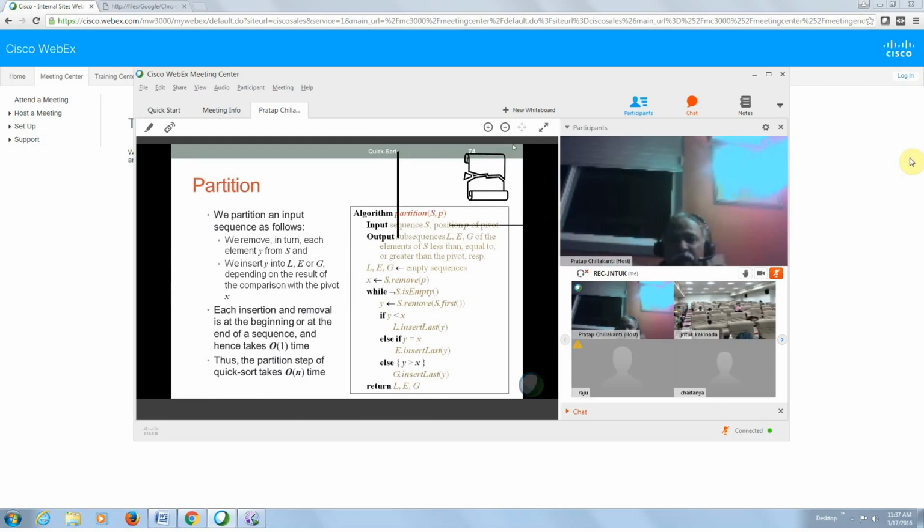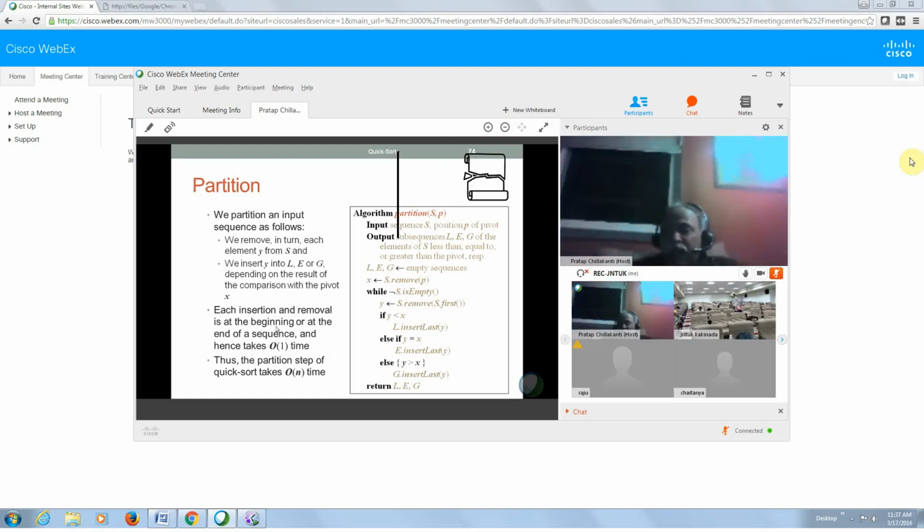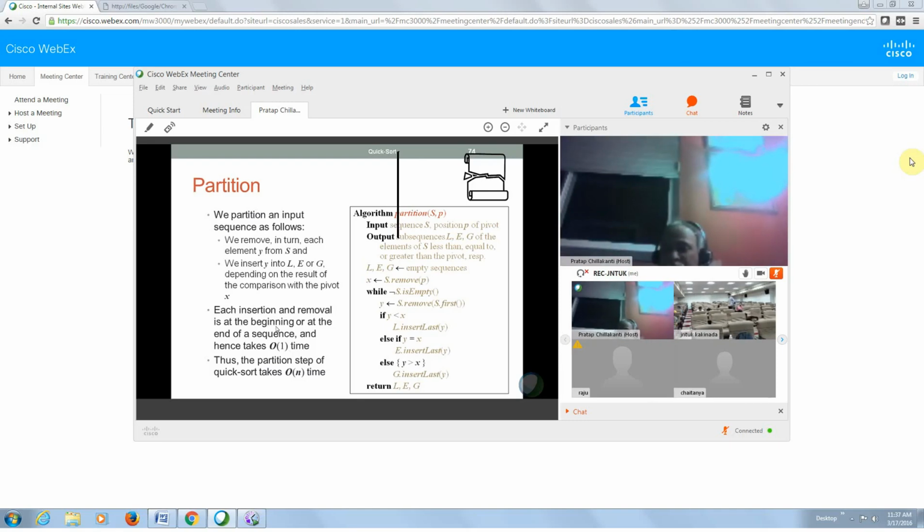So here is a little bit of how we partition the set. It gives you some time complexity there, right? So you are always inserting and removing at the beginning or at the end of the sequence, right? Remember, we are going from left to right. We are not picking from the middle. So in terms of accessing those things, it's order of one time.